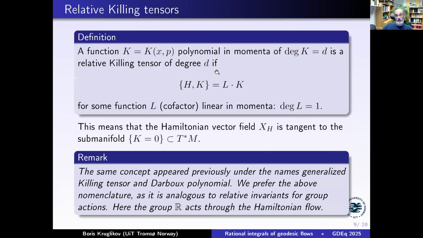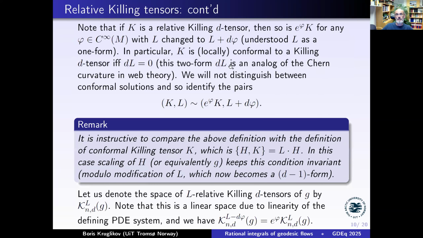Look back to here: we multiply k by an exponent, then we apply the Leibniz rule, and then L will be changed by the differential of phi. As it is written here, these are functions on cotangent spaces, so L, a function linear in momenta, is actually a vector. But due to the metric, we can identify vector and covector, and when I write things like L plus d phi, I think about L as a covector, or as a one-form.